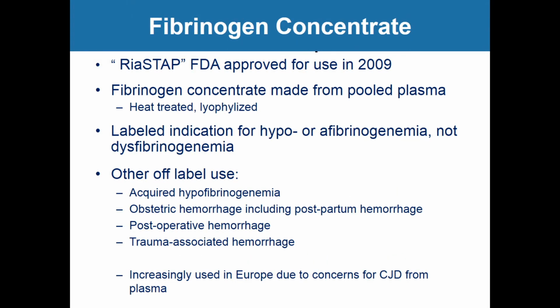Fibrinogen concentrate is available, with the trade name RiaSTAP, approved by the FDA for use in the United States in 2009. It is a concentrate made from pooled plasma. It is heat treated and lyophilized and comes in a dry powder form that is reconstituted with a very small volume of usually water or normal saline.